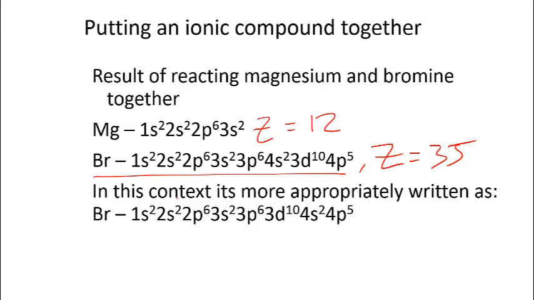But in this context, it's probably more appropriately written with 4s2 and 4p5 at the end of the electron configuration instead of writing it in the fill order, because the valence electrons are in 4s2 and 4p5, and these are the electrons that are going to be involved in our chemical reaction.